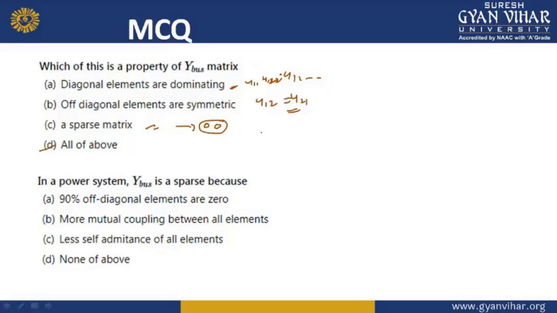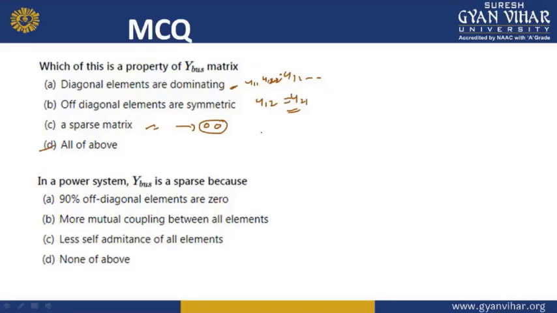So the Ybus matrix formed is a sparse matrix, with most of the elements being zero.